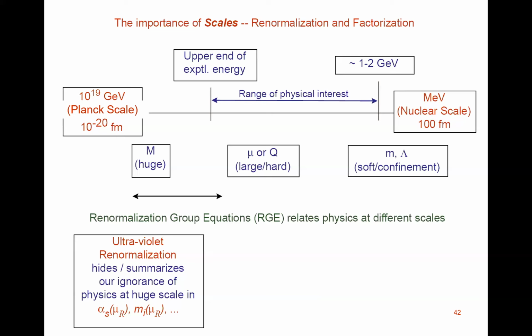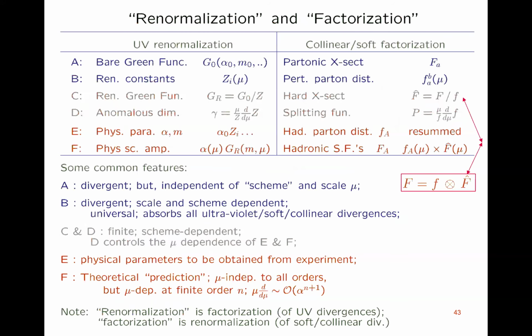So you must factorize it into the parton distribution function. The techniques you use for that are very similar to renormalization techniques. Here is a table that draws the analogy between various terminology and methods that we use for renormalization and the methods that we use for collinear or soft factorization. We can discuss it during the recitation.